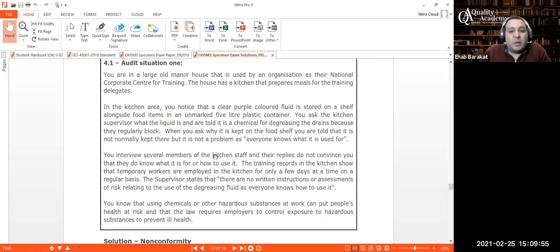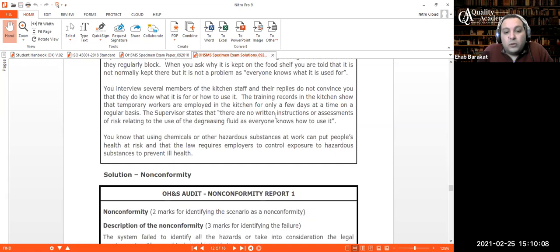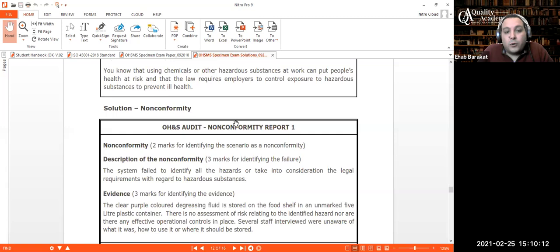When you read this scenario, for example, you will feel that there is a non-conformity because there is no awareness about this purple colored fluid. So you will choose to fill the first template, which is the non-conformity report.